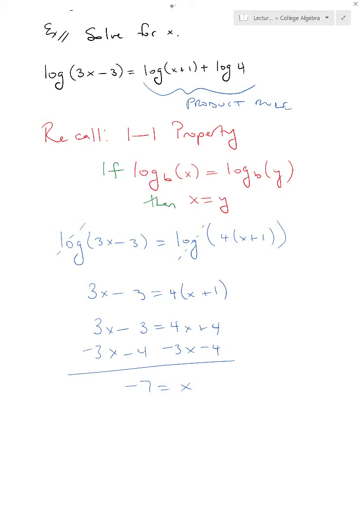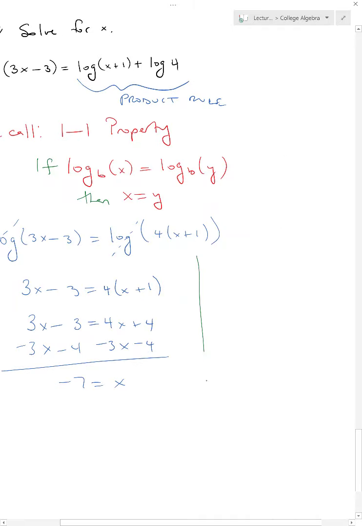And I think hopefully 3 problems in, we are accustomed to this by now. We immediately check our answer, and when I check -7 in log of, let's just grab log of x plus 1. If I plug in -7, I have log of -7 plus 1, which is equal to log of -6. That is a problem because I have a negative number inside the log.